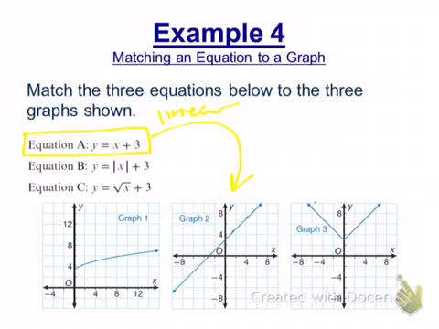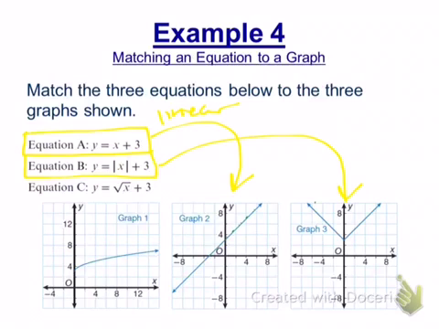Now, the other two may be a little bit trickier. Griffin, what do you think? Which one can you identify? Equation B is graph 3 because what does that absolute value do to things? Makes it positive, so it's going to flip any negative number up, right?